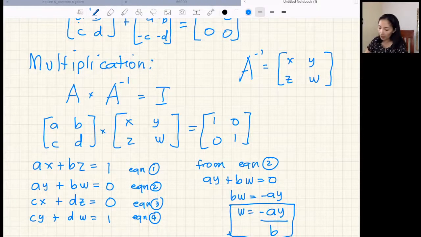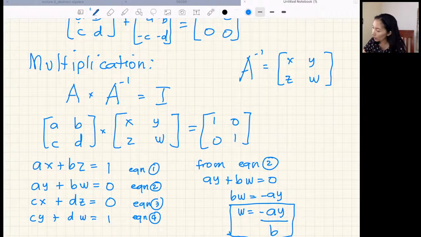Now, let's take any of the other equations. Let me check once again. Our equations are correct: AX plus BZ equal to 1, AY plus BW equal to 0, CX plus DZ equal to 0, and CY plus DW equal to 1.